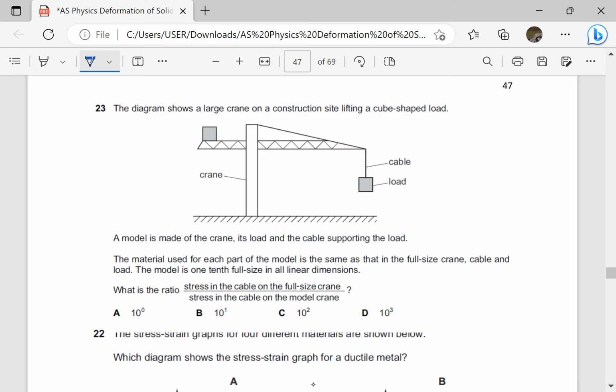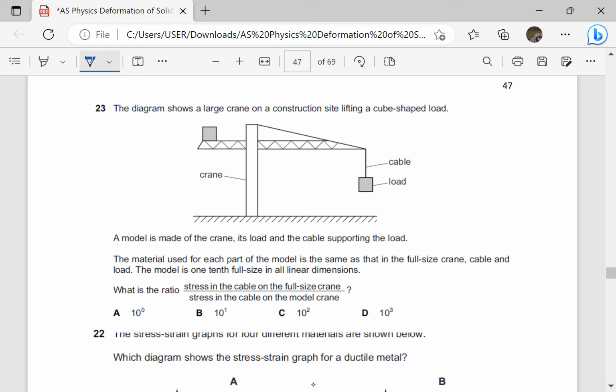So it means the Young modulus is actually going to be the same. The model is 1/10 full size in all linear dimensions, that is diameter, cross-sectional area, and also in extension and original length.